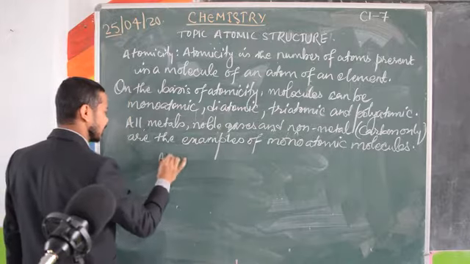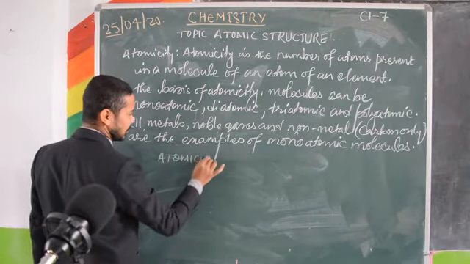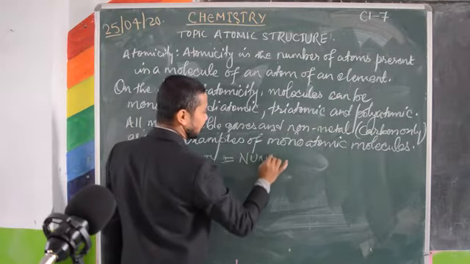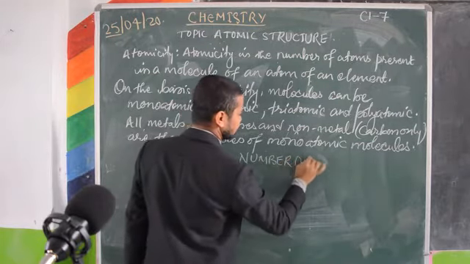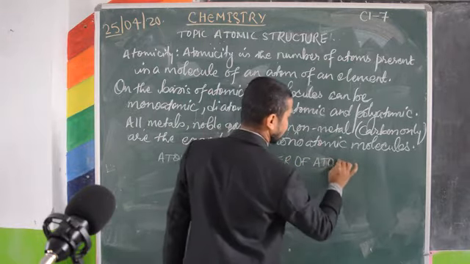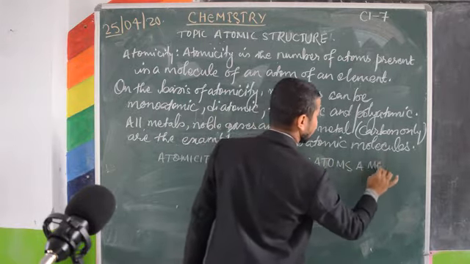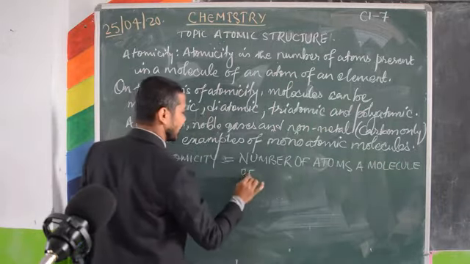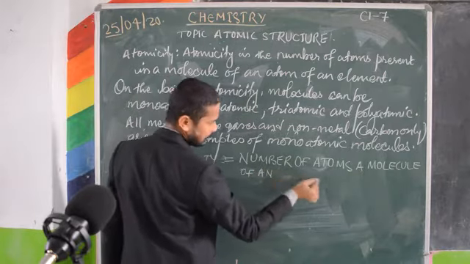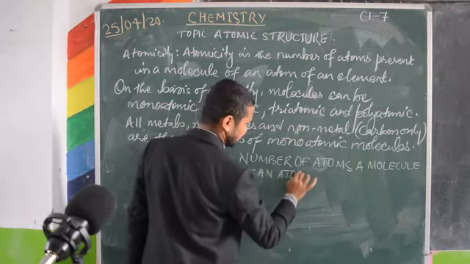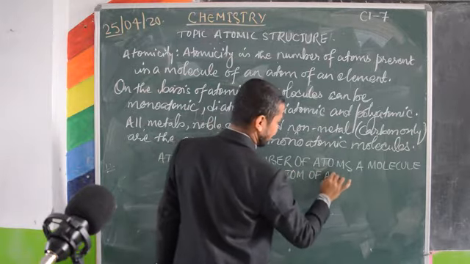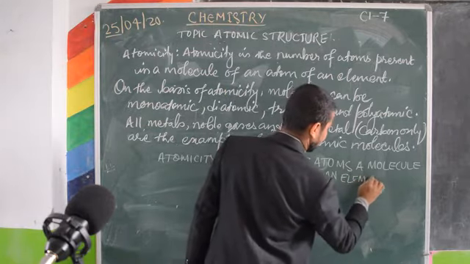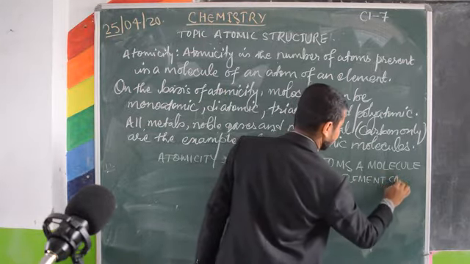Rather, we can write atomicity is equal to the number of atoms of an element can have.